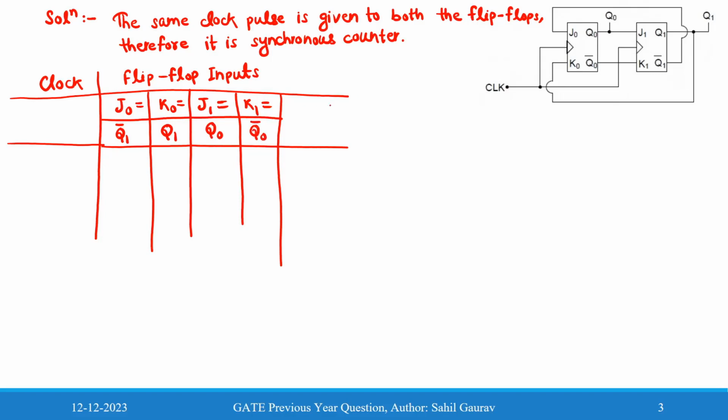And in the last column we write the output of the counter, that is Q0 and Q1.